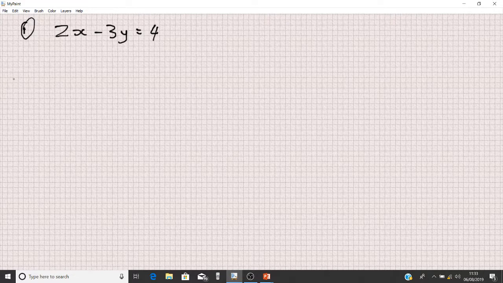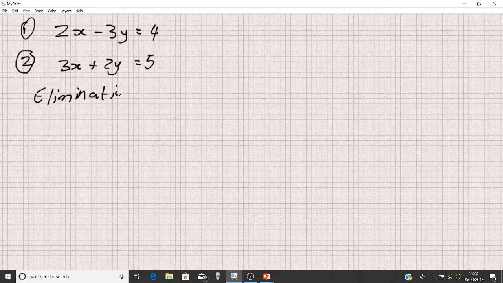And line 2 is 3x plus 2y equals 5. By elimination, we're going to perform some operations on these equations to enable us to eliminate either x or y. And in this case, we'll eliminate x.